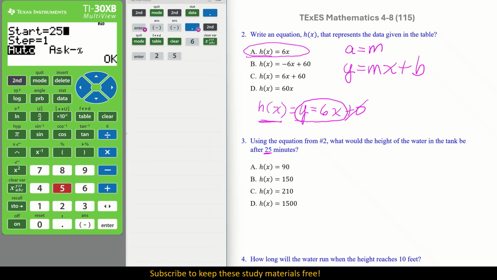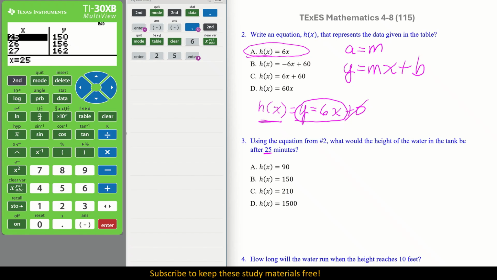So push 25. Remember, if they had talked about hours, then we would have to convert that, but it was in minutes. That was an important fact. Okay, and we do want to go by single integers, whole integers. Okay, all right, so that's good. So just do one, and let's go enter.